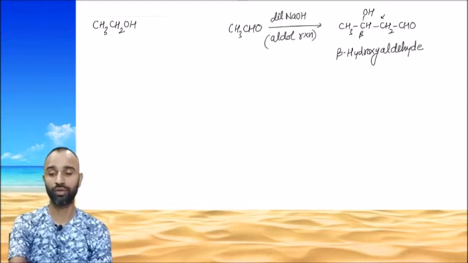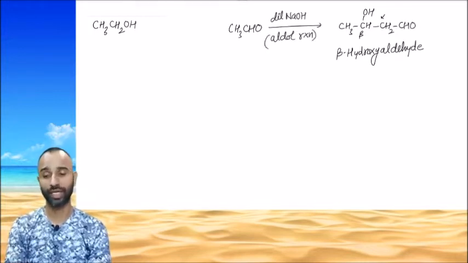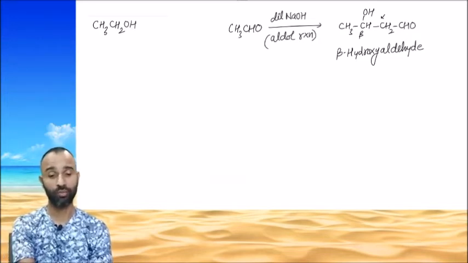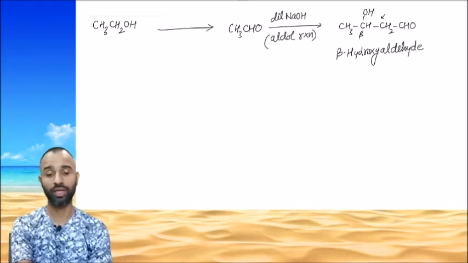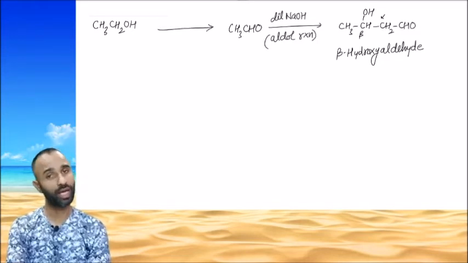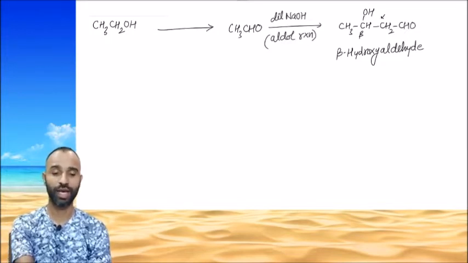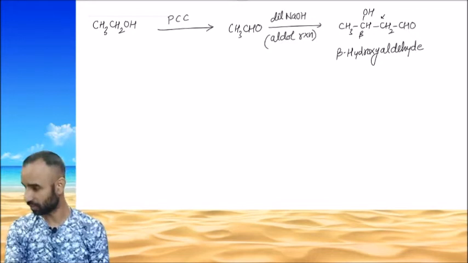We convert it into beta hydroxyaldehyde. 3-hydroxybutanol is beta hydroxyaldehyde, and you know alcohol can be easily converted into ethanal by using a mild oxidizing agent.